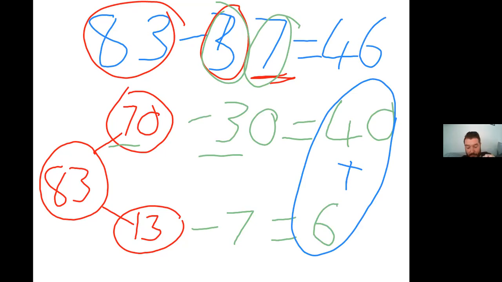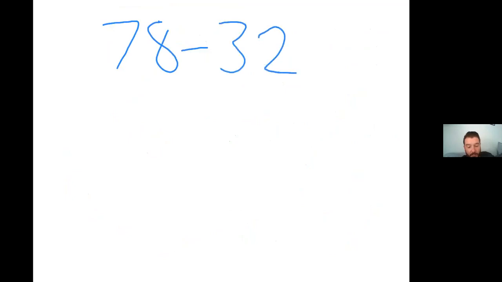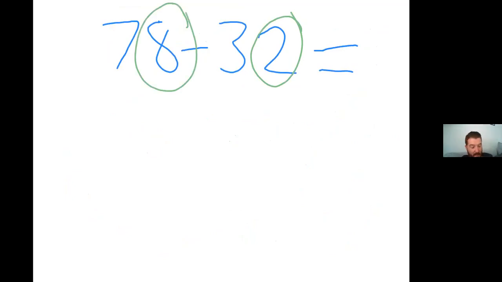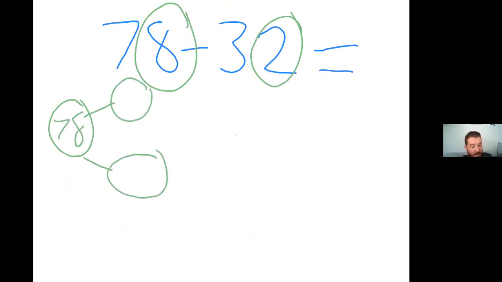So remember, if we've got problems like 78 take away 32, this is an easy one because 2 can be taken away from 8 to give us 6. So all we need to do for those ones, partition our whole number up in the easiest way, 10s and 1s.